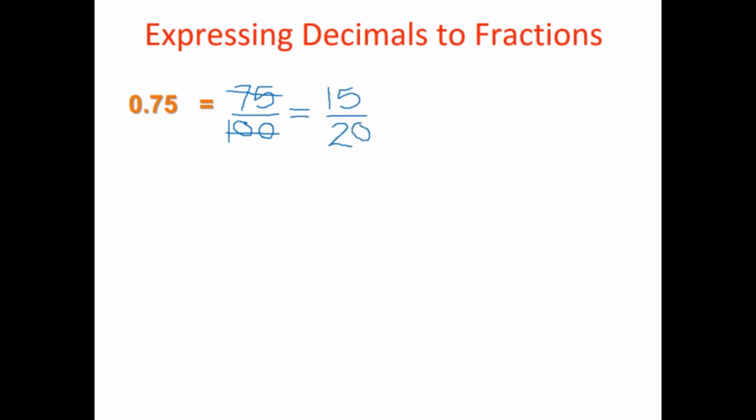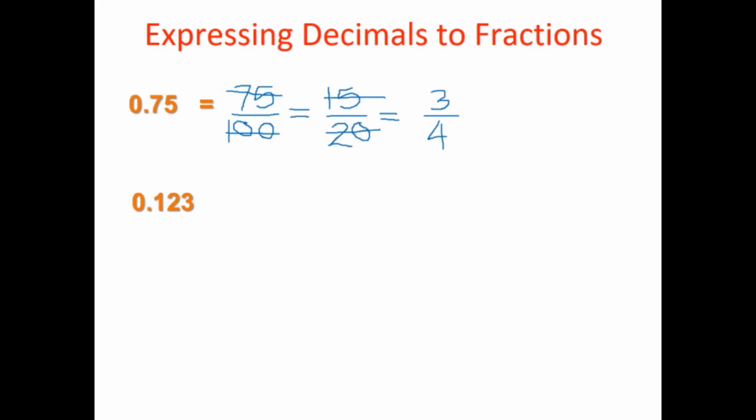You should know how that is done. By the time you divide 15 by 5, you get a 3. And by the time you're done dividing 20 by 5, you get a 4. You keep dividing until there's nothing to use anymore. We can't divide. 3 and 4 have no common factors. They have nothing in common, so they have nothing to divide with. So we leave our answer as that. That's the answer. 0.75 is actually 3 over 4.